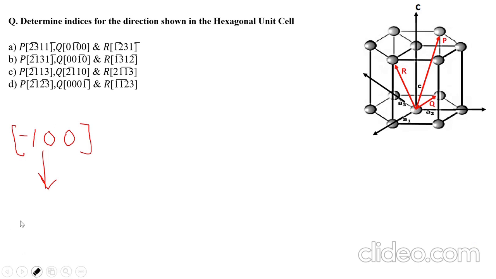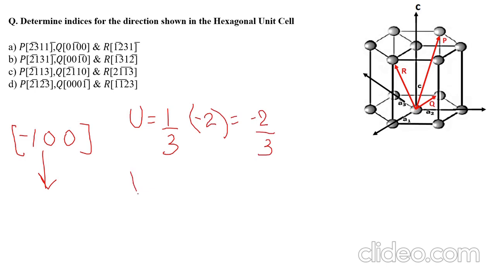For the four coordinate system, we have to find U. That will be -2/3, right? The capital V will be equal to 1/3, minus U, that will be +1. So that will be 1/3.